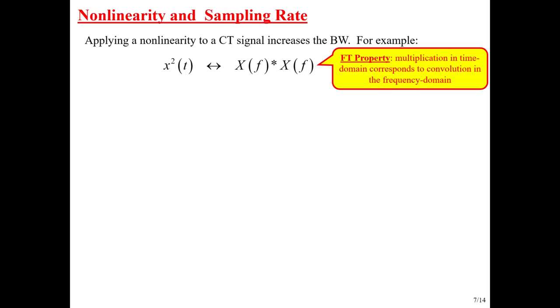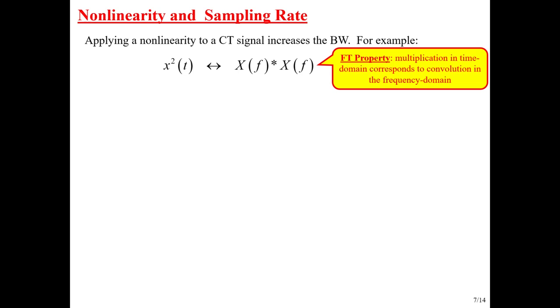Now, an interesting thing, we're interested in doing all this in discrete time. When we start dealing with nonlinearities in our systems, we have to be cautious about what our sampling rate is. So the sampling rate remains valid throughout a system as long as the bandwidth doesn't increase anywhere.